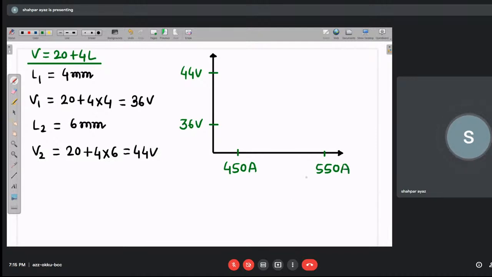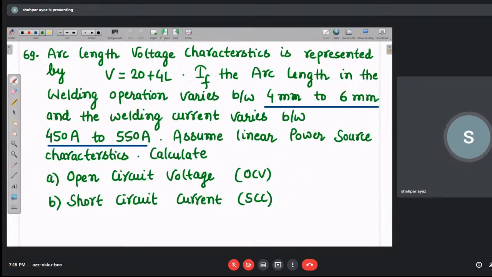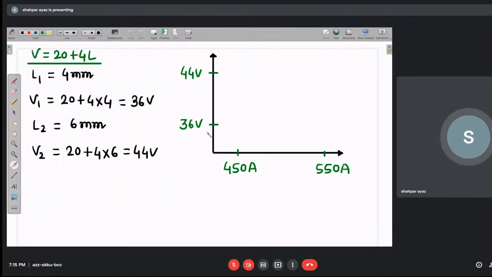We know the graph has a negative slope, so the line will be like this. Lesser voltage, higher current. Lesser current, higher voltage. Therefore, in this case, the points are like this.